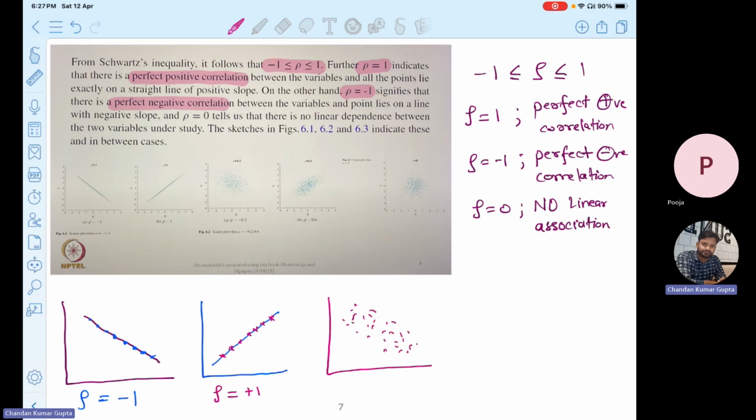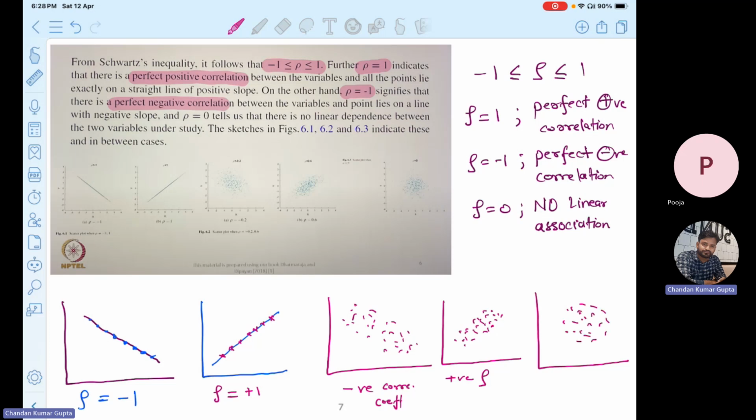Here the scatter plot is not on a single line, but scattered within a region, yet it gives us a decreasing trend. So there is a negative correlation. Similarly, if the points do not lie on the same line but show a positive trend, there is positive rho. And the last case is where we observe no association.